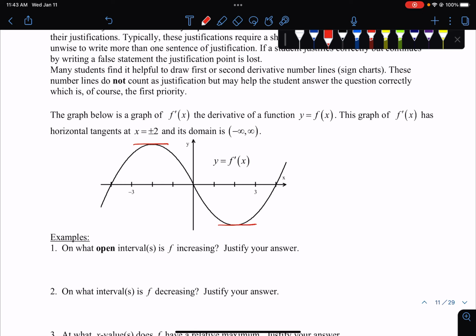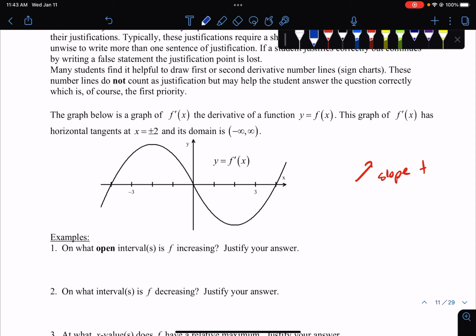And there's a lot of different ways to think about this problem. I start with, what does it mean if f is increasing? If my function is going up, it's increasing, which means it has a slope that is positive. All right? Well, what does that look like in this graph? Okay, it doesn't give me my function, it gives me the derivative.